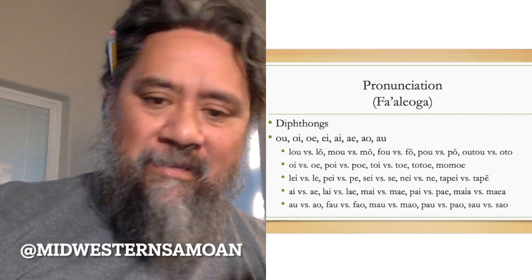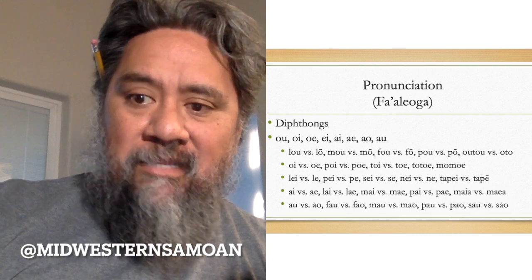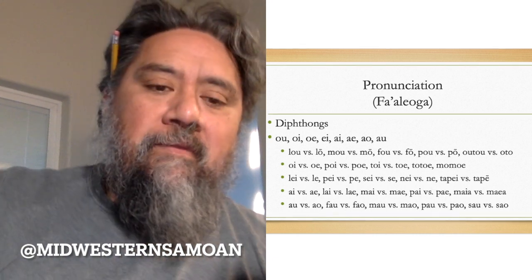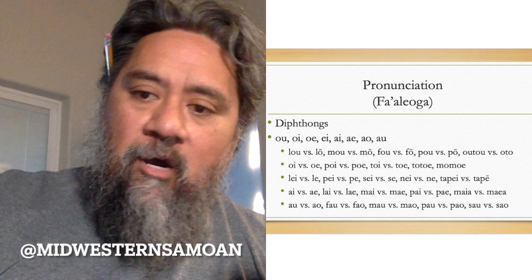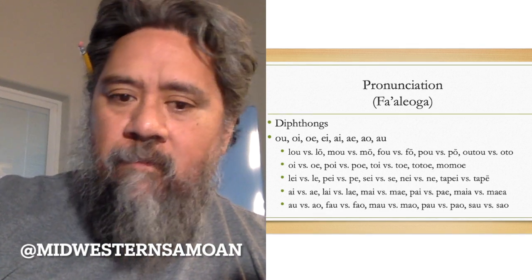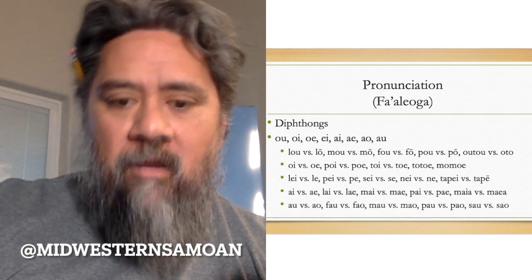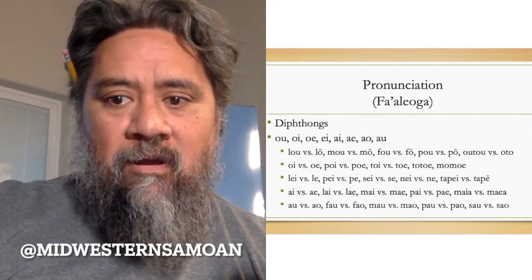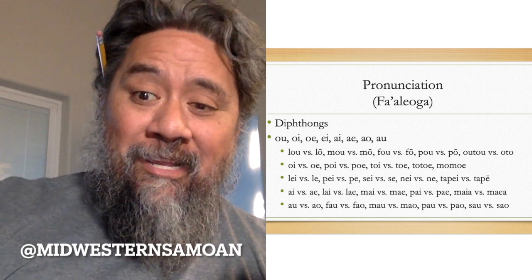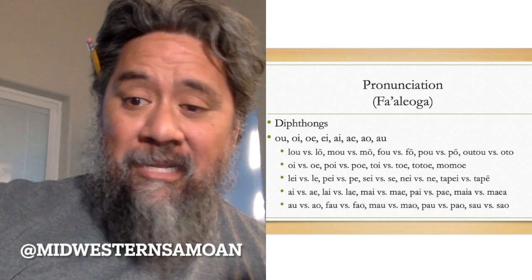That's a hard one. So that's the AI versus the AE. And then au versus au, or fau versus fau, mau versus mau, pau versus pau, sau versus sau. I don't know, hopefully you can hear the difference. Like in my mind, they're different, but it's hard to hear.